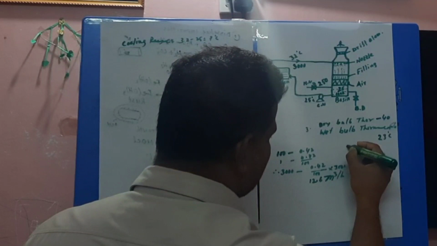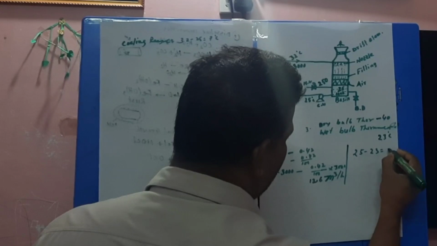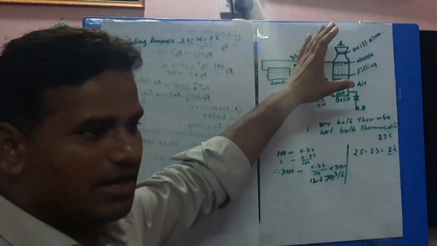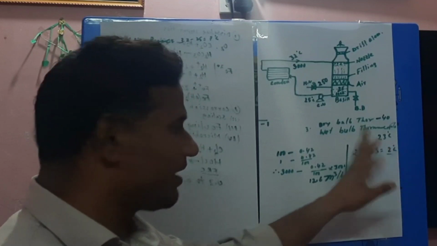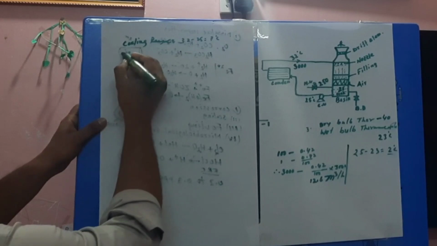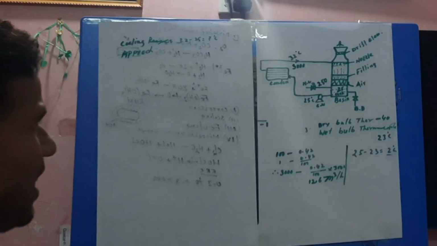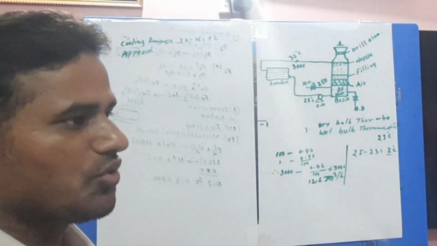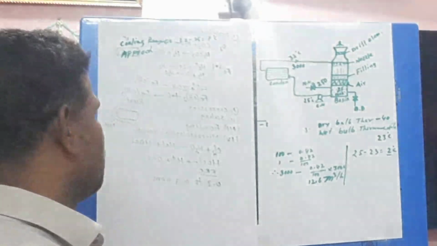So how much more temperature can we reduce? 25 minus 23 equals 2 degrees centigrade. If the cooling tower efficiency were 100%, it would be possible to reduce another 2 degrees centigrade. I hope it is understood. So it is called approach. Approach means how much cooling water temperature is maximum possible to reduce by air contact.